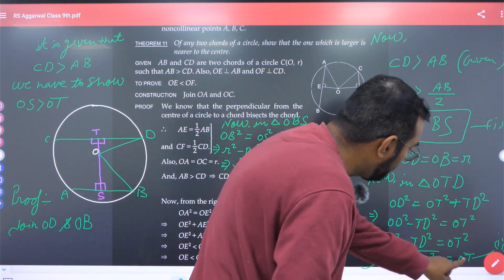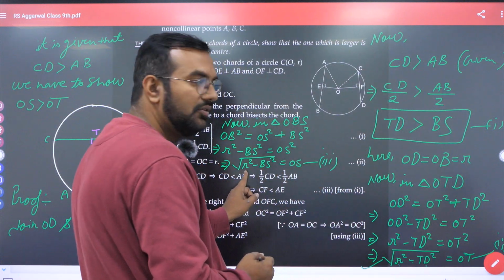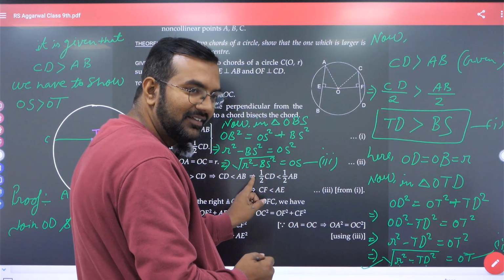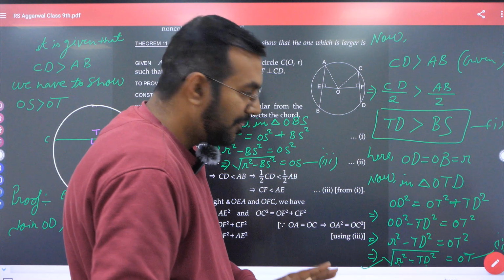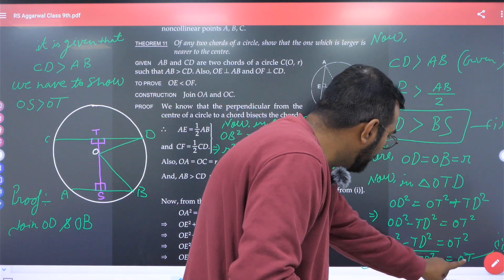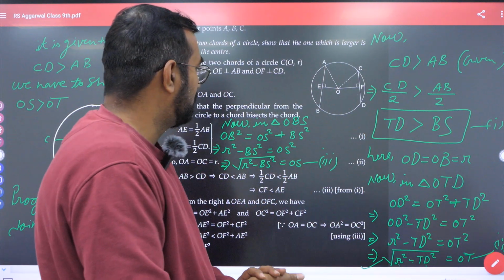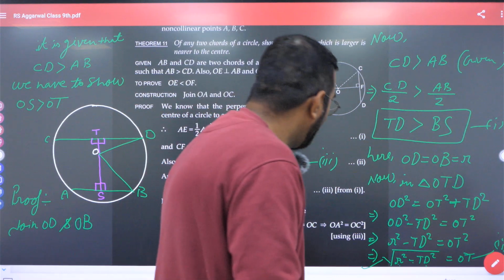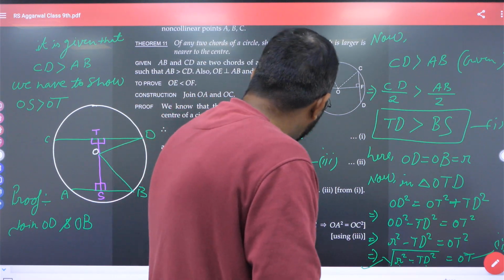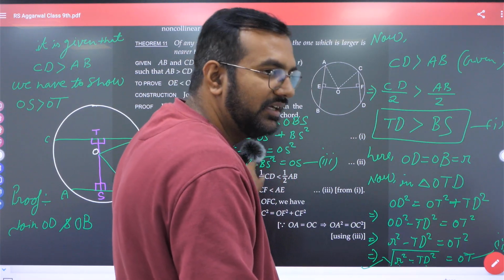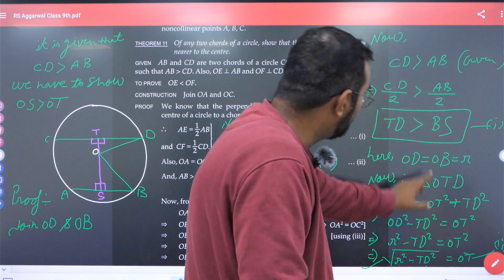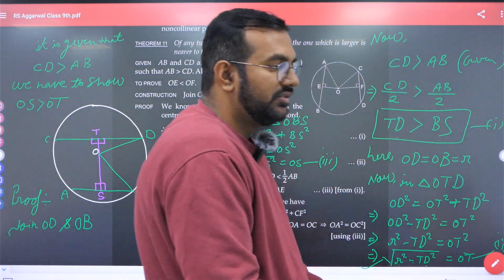So value of OT will be less than the value of OS. Are you getting? Yes, sir. Value of OT will be less than OS. Why? If someone asks why, the reason is we are subtracting more from R square here, and here we are subtracting less because TD is greater than BS.